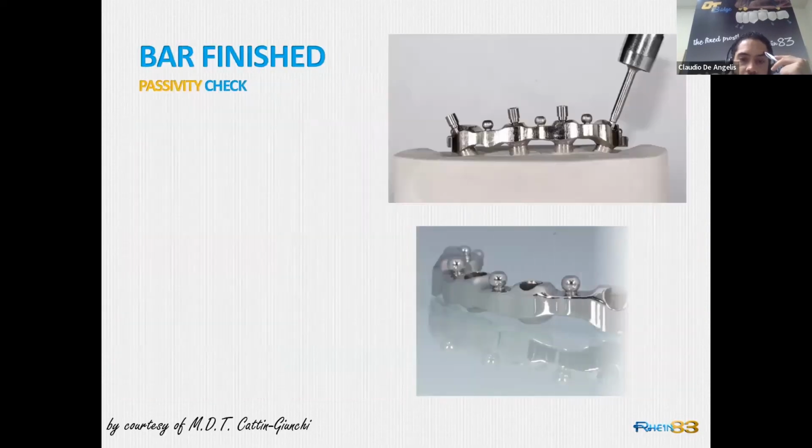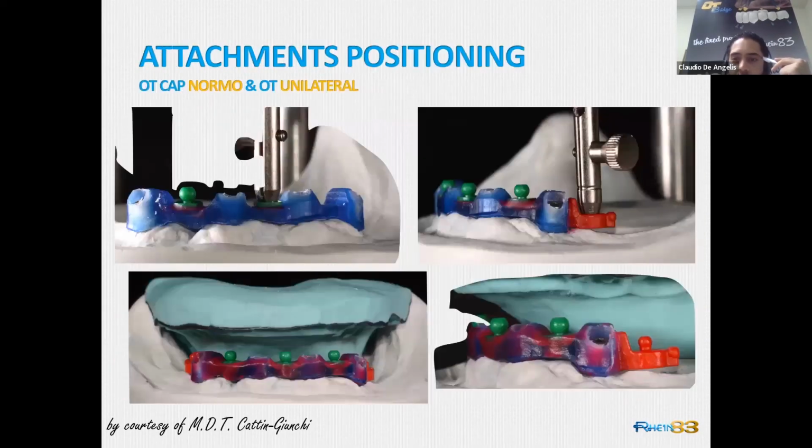And in the distal area, they place the unilateral attachment on both sides. You can see how they respected what we said before with the cantilever. All the attachments are placed in compliance with the occlusal plane.